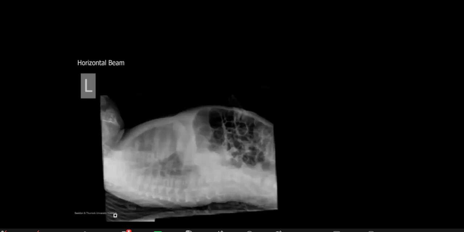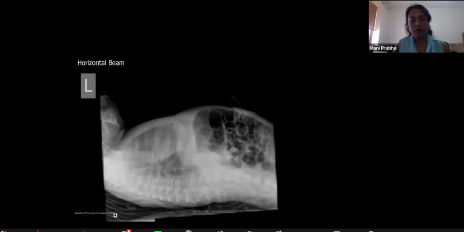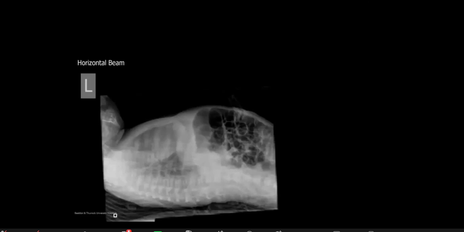So I suppose the lateral position is useful if you're trying to look for free air in the abdomen or pneumothorax in the chest. Yeah. So lateral position is more useful because it tells you the side also where the air is.